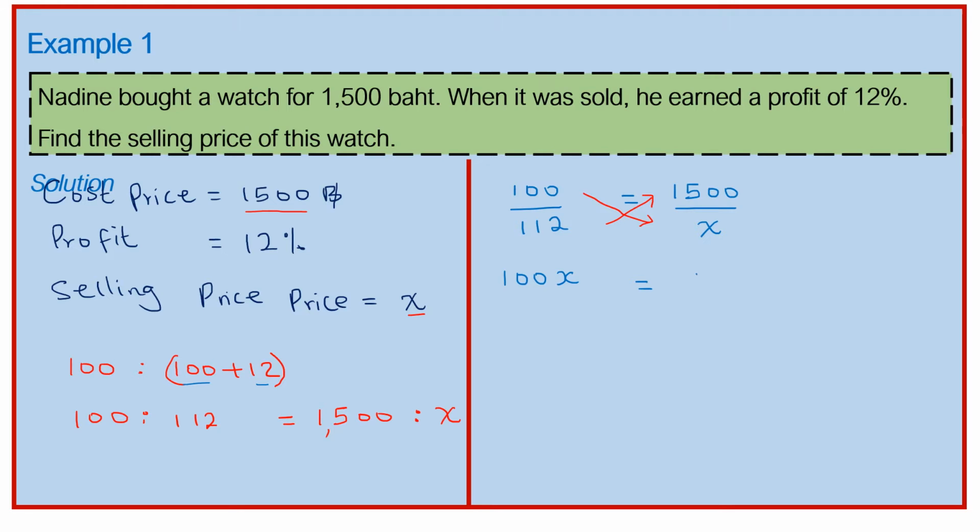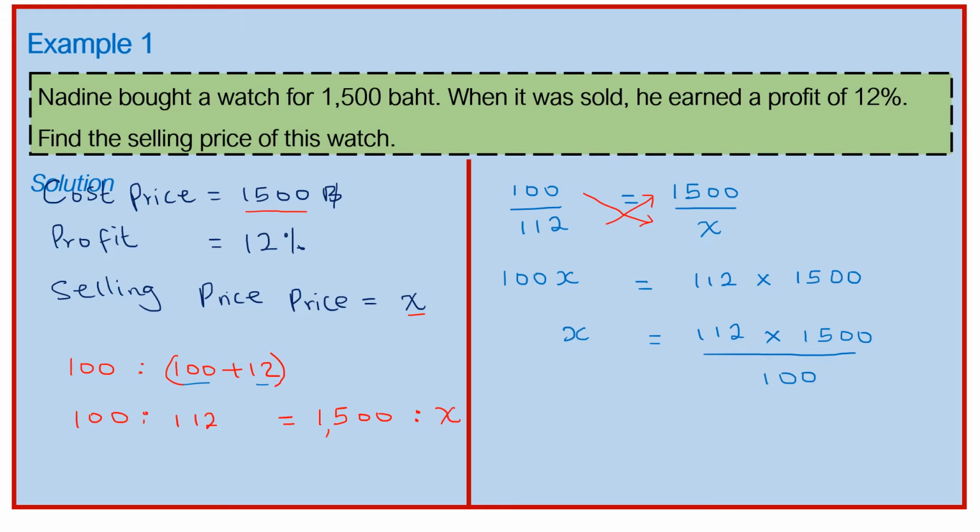It is equal to 112 times 1,500. So X equals 112 times 1,500 out of 100.